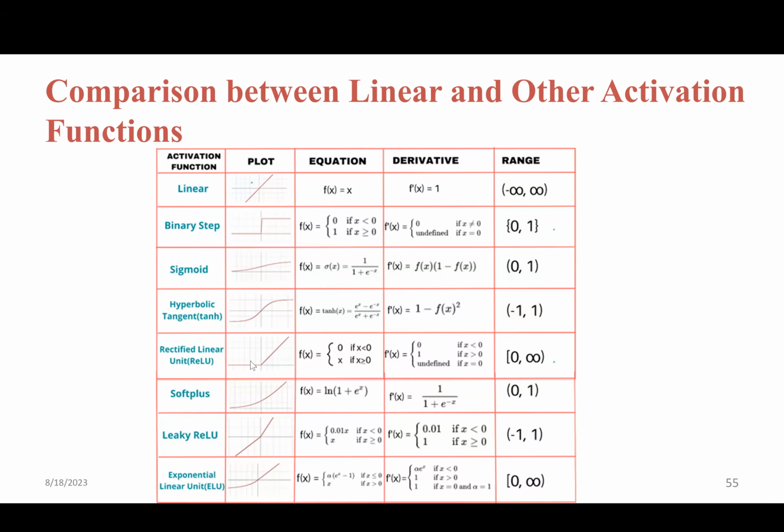Loss function and cost function are used interchangeably in machine learning and deep learning. They both refer to the same concept of a function that calculates the error or discrepancy between predicted and actual values. And this cost or loss function is minimized during the model's training process to improve accuracy.